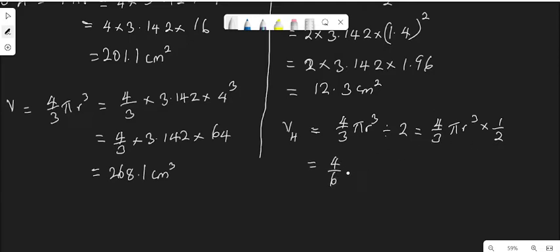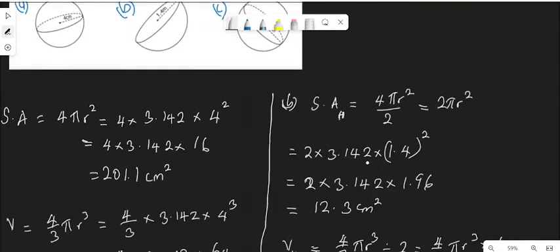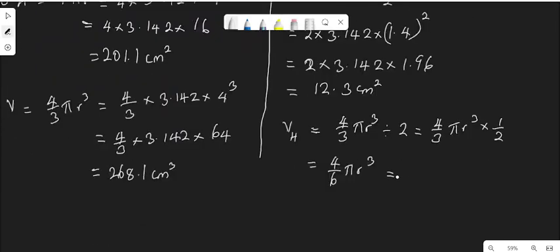So 4 over 6 pi r cubed. Now let's put in the value. R is 1.4. I have 4 over 3 times pi, which is 3.142, times the radius 1.4 cubed.